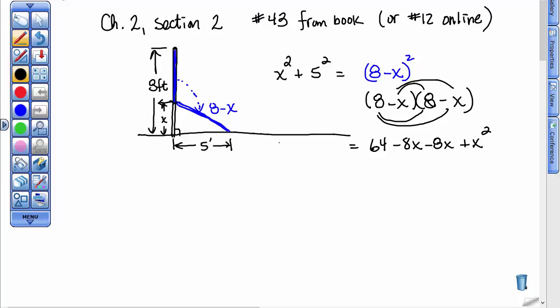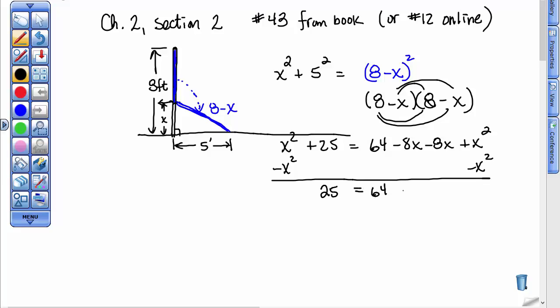Now don't forget, on the left-hand side you had an x squared and a 25. So you see this x squared and that x squared? They'll go away by subtracting x squared from both sides of this equation. So I have left 25 on the left and 64 minus 16x on the right.